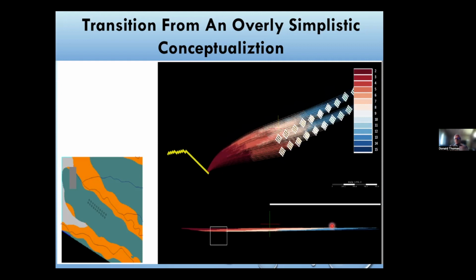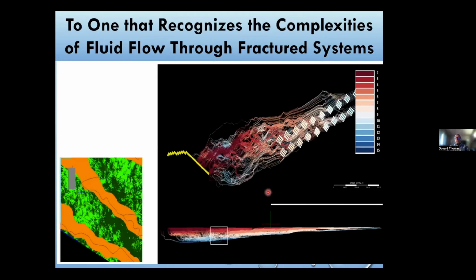So a very narrow flow path being followed by particles in the water as they migrate down towards Red Hill Shaft. We want to transition that to one that recognizes the complexities of fluid flow through this extraordinarily complex geologic system, and will more accurately portray what happens when a contaminant is released within this region and how it would spread and travel both horizontally and vertically.